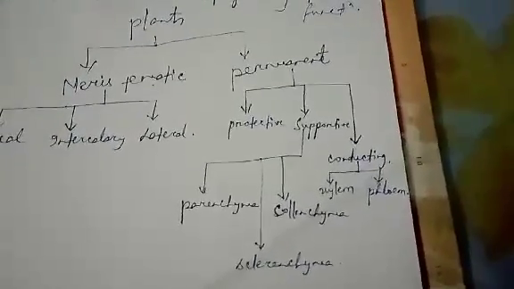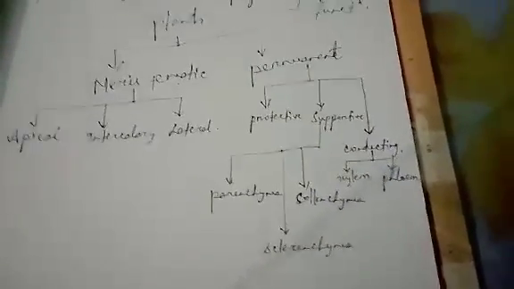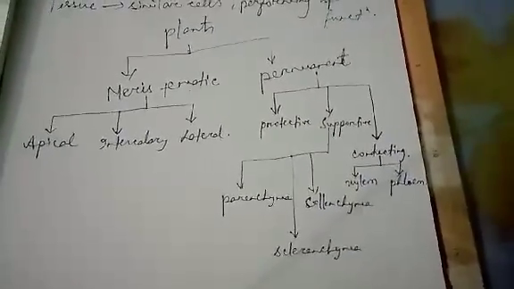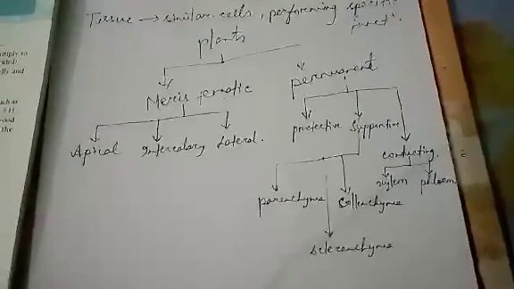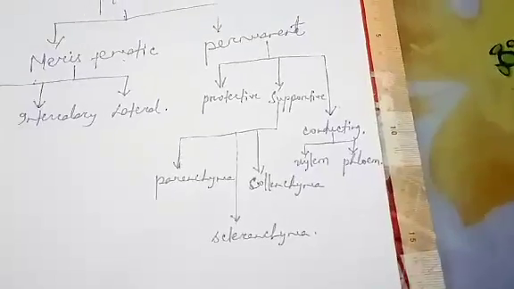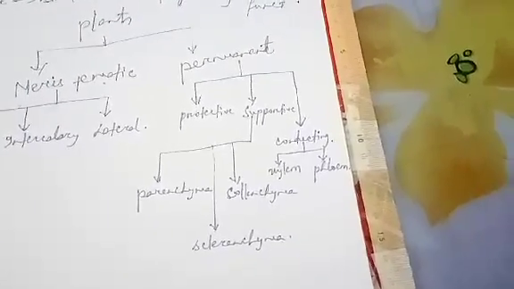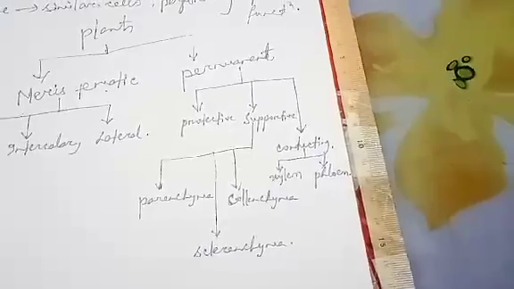Now coming to the next point, in meristematic tissues, the cells are living. The cells have a large nucleus and a thin cell wall. But in permanent tissues, the cells may either be living or dead, and they have a thick cell wall.